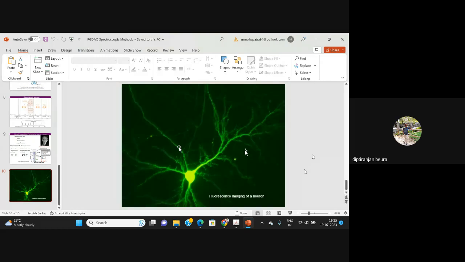And one more thing, why I don't know: when you are dealing with fluorescence imaging of a neuron, you are studying a biological sample, right? When you are studying a biological sample, you need to be clear whether that selenium moiety is suitable for this biological molecule or not.